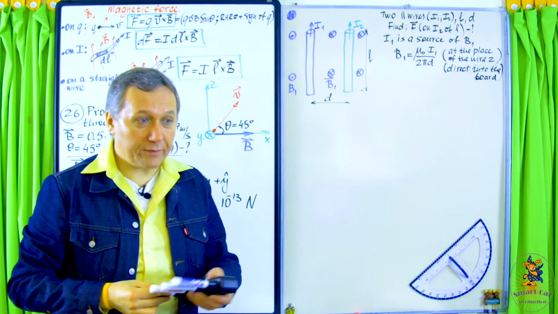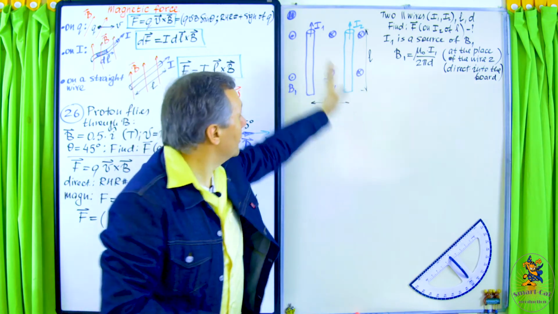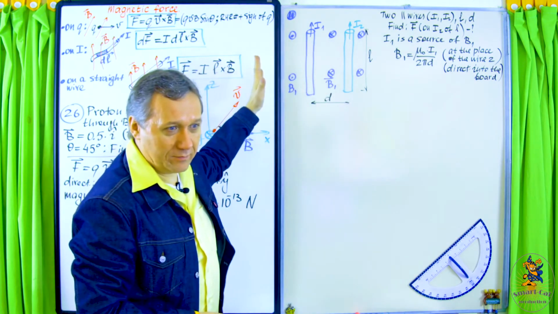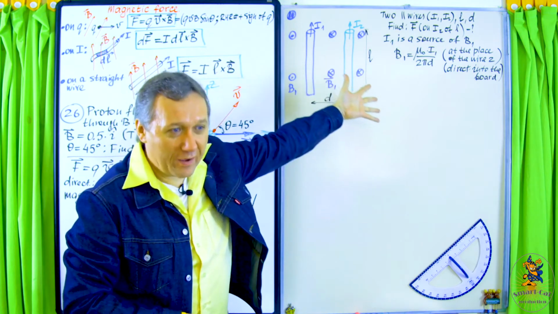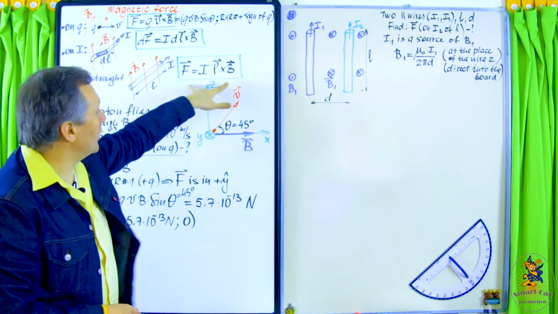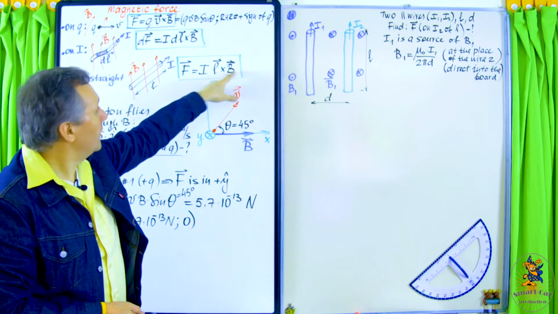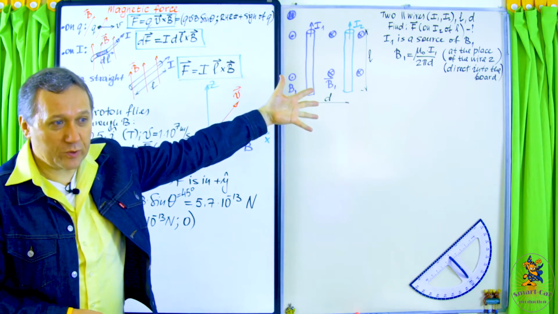So after this step, once you know the value of the magnetic field and its direction, you can forget about I1. Now we have its representative magnetic field. Now we can just use this formula, nothing else. We know the magnetic field and we know the wire which is exposed to that magnetic field.